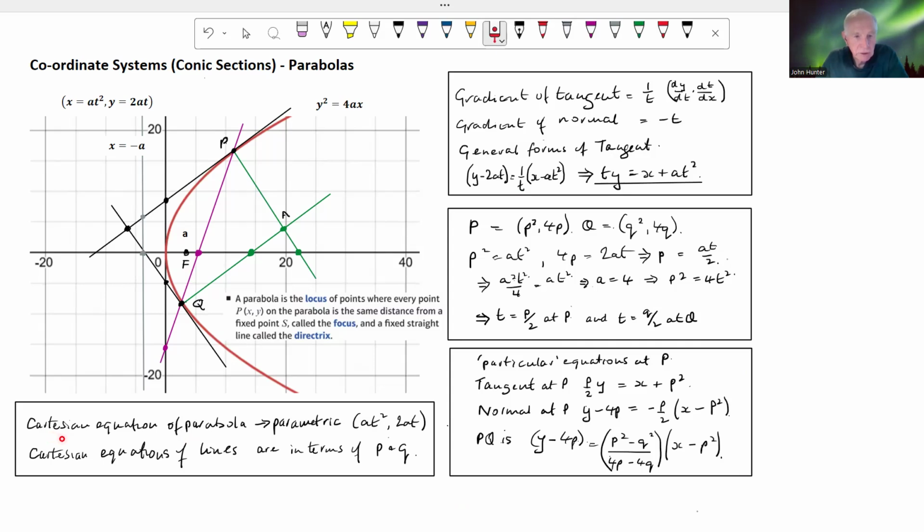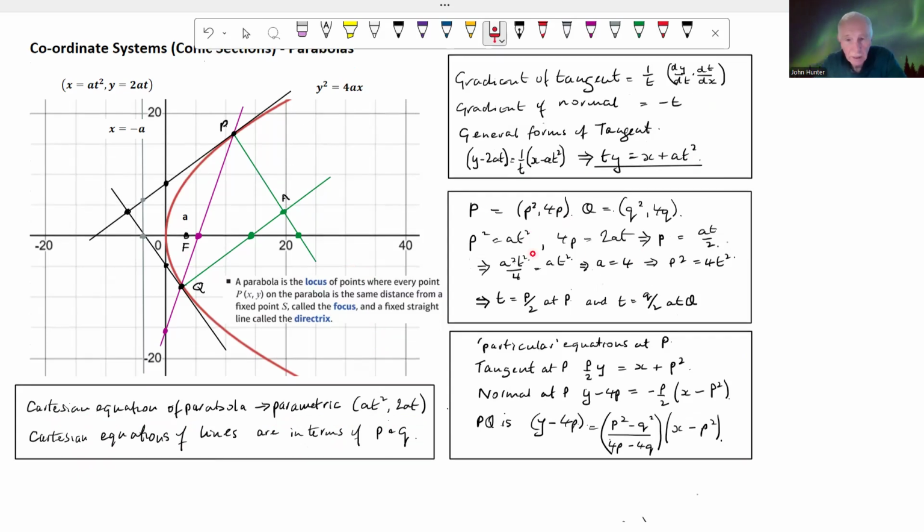Right, so just to recap: the Cartesian equation of the parabola we know in parametric form, and the Cartesian equations of lines are in terms of, in this case, p and q. Right, so that's the general stuff.